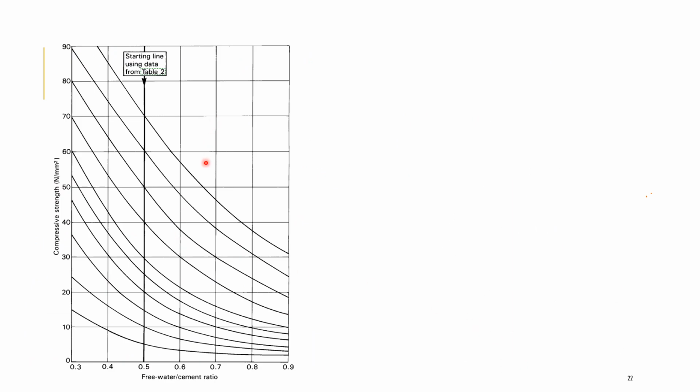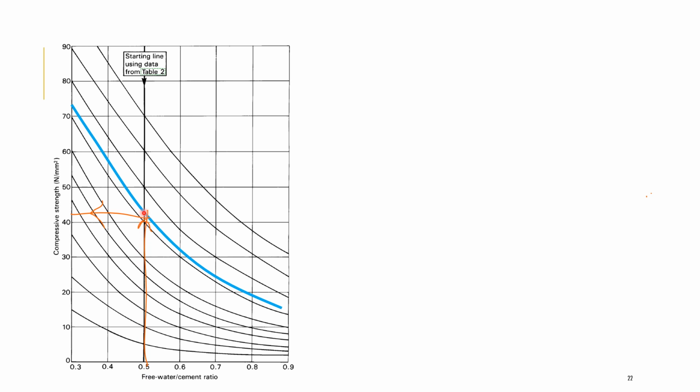Okay, so let me do this again. It's broken down into 2 steps, remember, from table 2, using 0.5 as a reference, and I know that the strength is 42, so I need to extrapolate that curve. It has to cross this point, so you draw the curve.